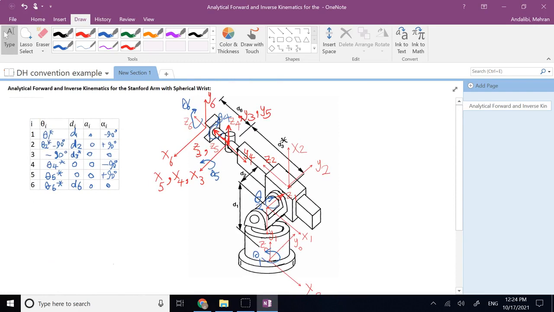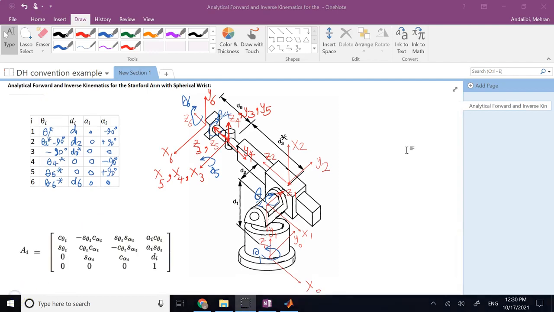Now we can go ahead and use the A matrices and perform the forward kinematics, for which I use MATLAB, okay? So if you remember from DH, each A matrix is basically made of 16 elements. The last row is always constant, 0, 0, 0, 1. But the other rows, except for element 1, 3, and 1, the other ones are functions of a's, d's, alphas, and thetas of each row.